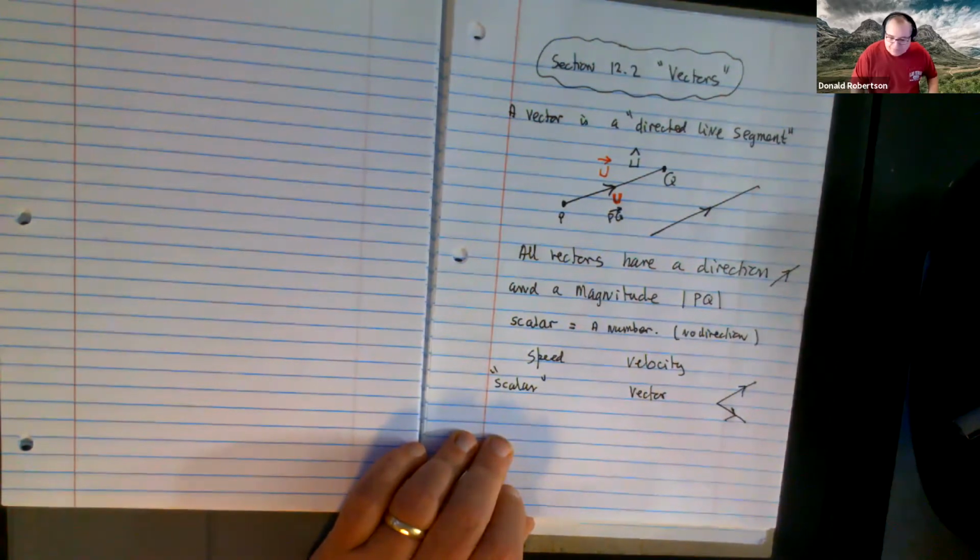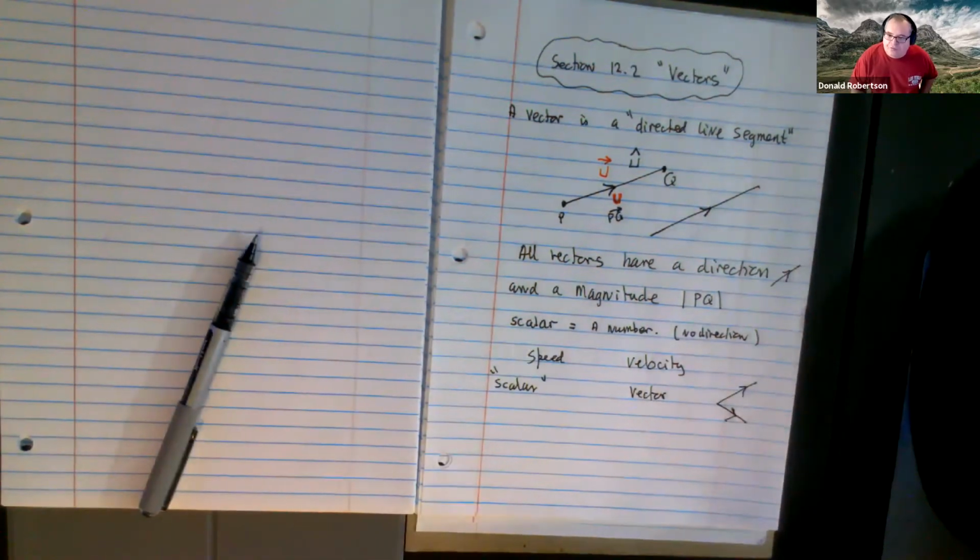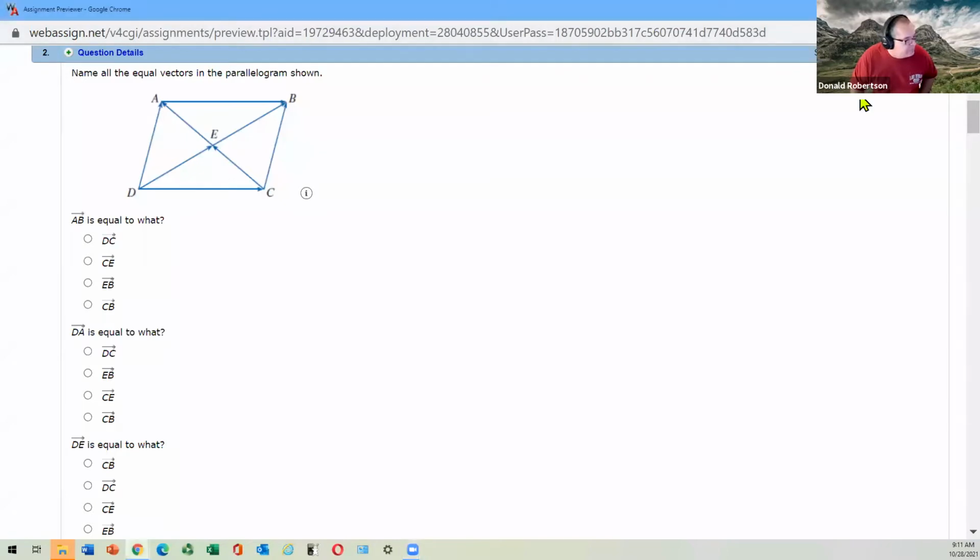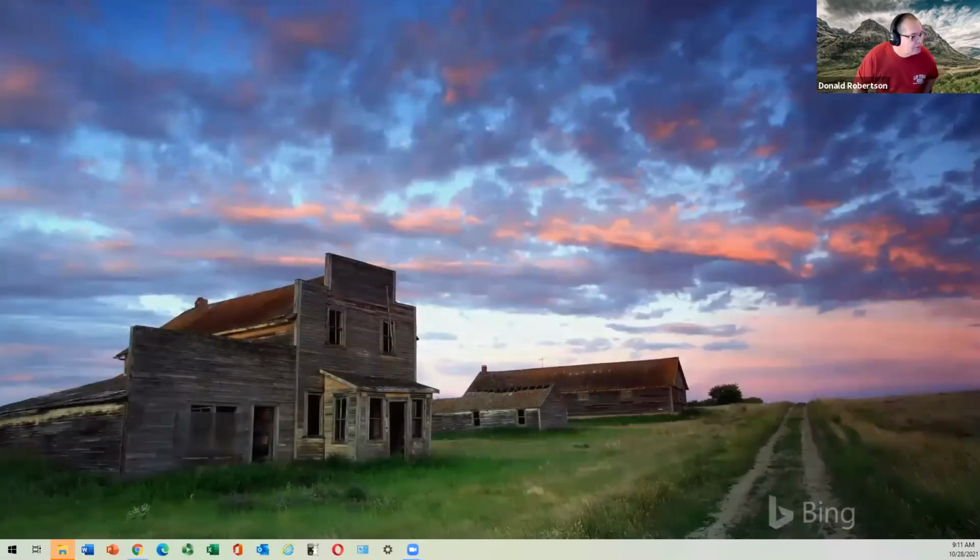Next one is just a question from the homework, so I want to get that one right away. Oh, darn it. I want to make it bigger, and I don't have my make it bigger button. Try Control+ on your keyboard.